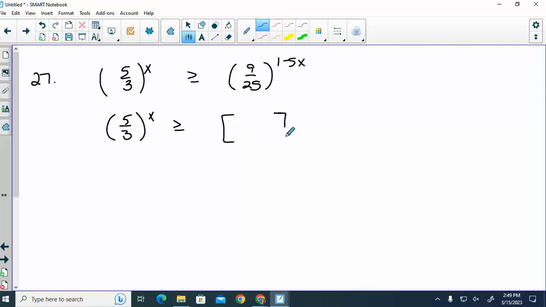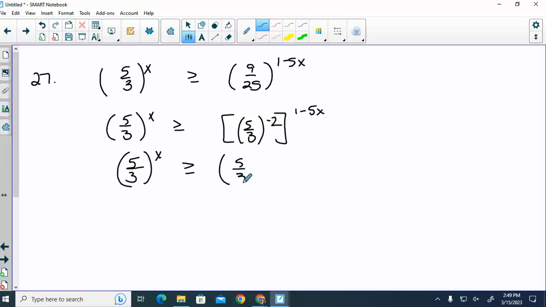So 9 over 25. What can I make that? 5/3 to what power? X greater than or equal to 2 plus 10x.